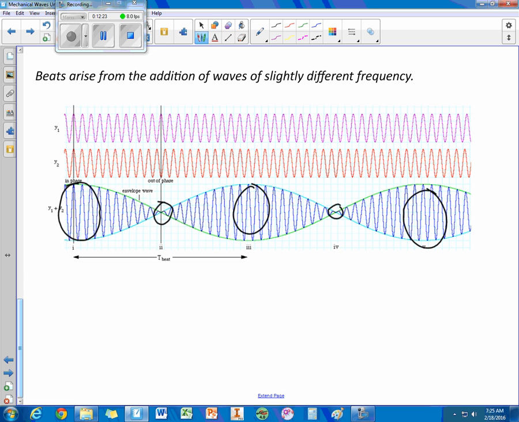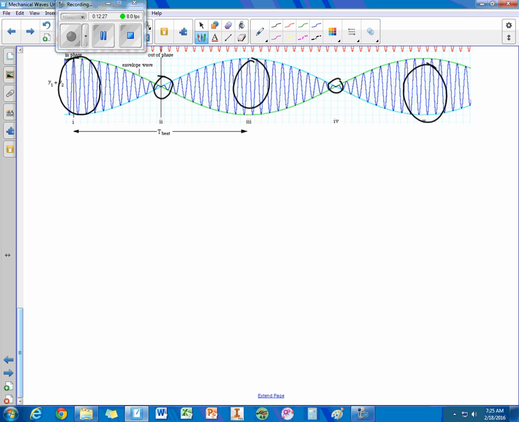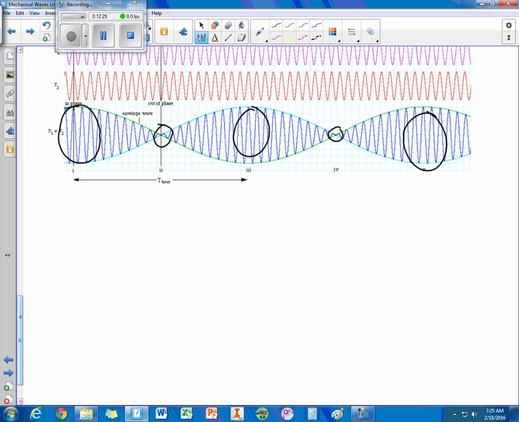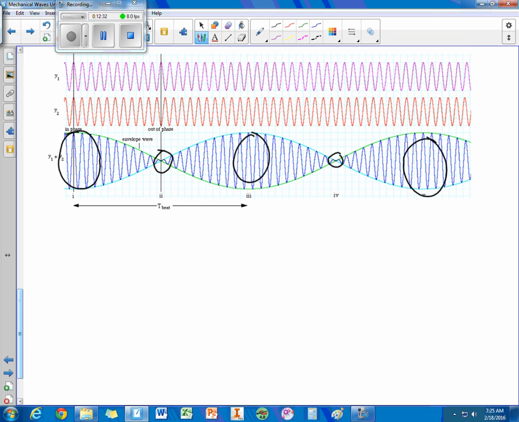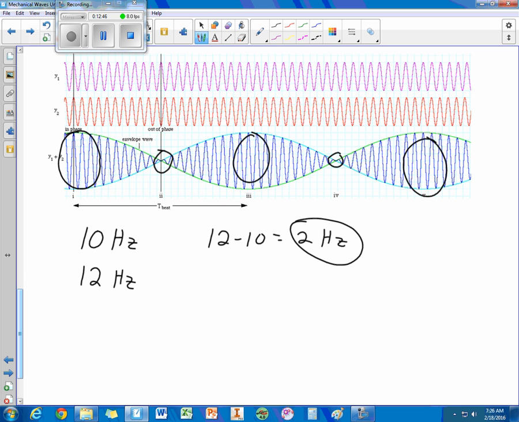And basically, to find out the beats, you just do subtraction. So let's say the first wave has a frequency of 10 hertz. And let's say the second wave has a frequency of 12 hertz. We would just simply subtract, and we would get a beat pattern of 2 hertz.